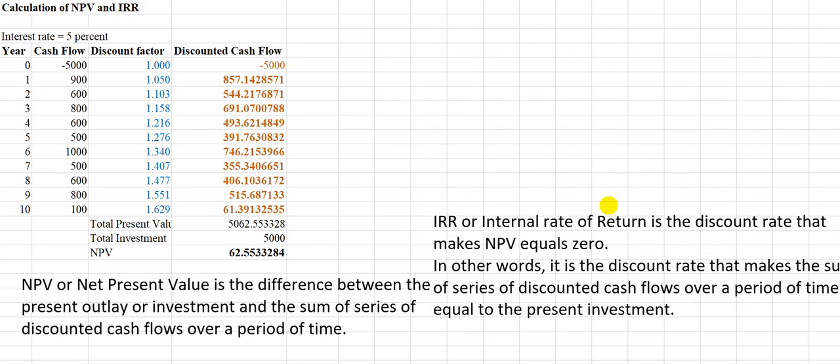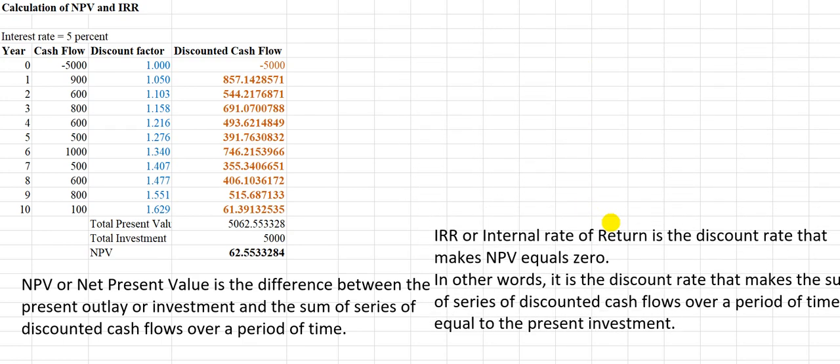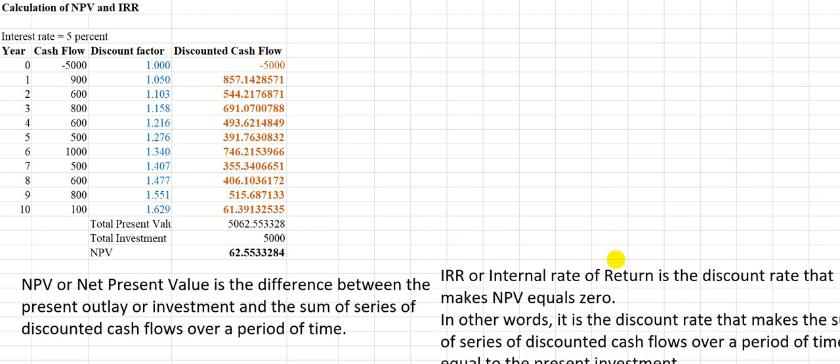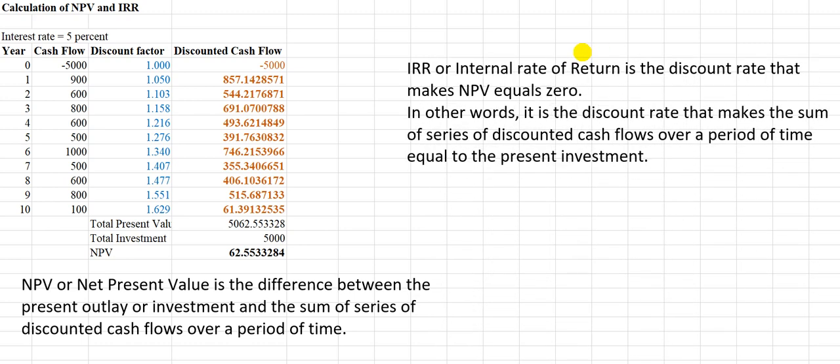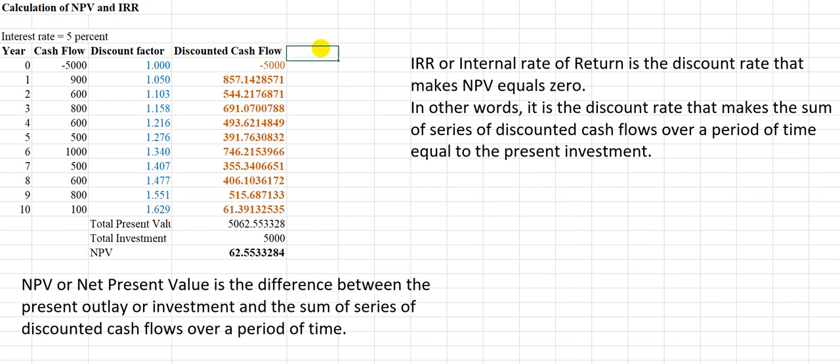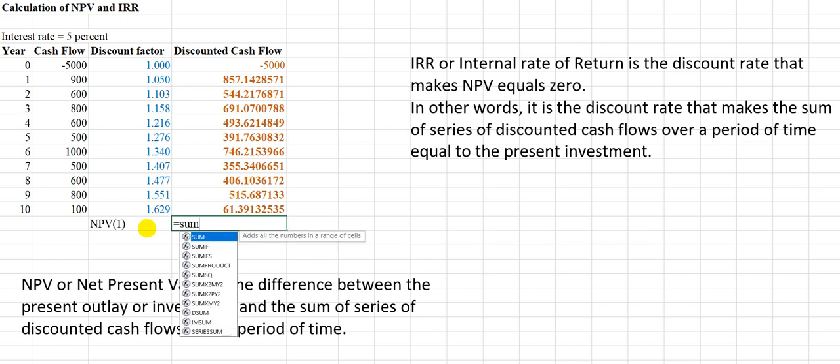And in order to determine IRR, we need two values of NPV, such that we need the positive value of NPV and we need the negative value of NPV. So let me write NPV as 1. Let's sum it all.